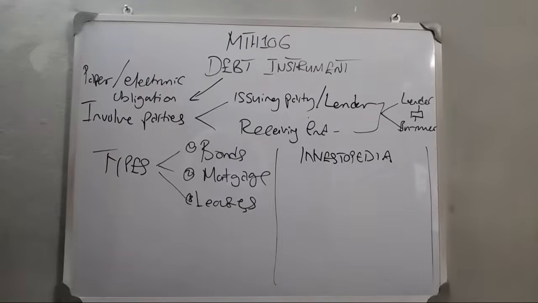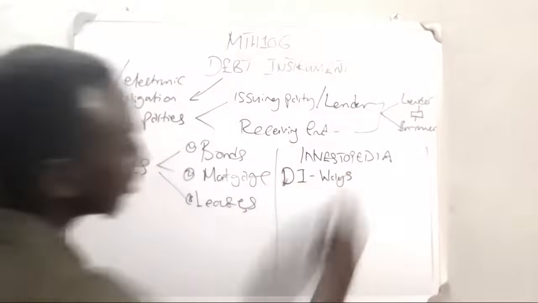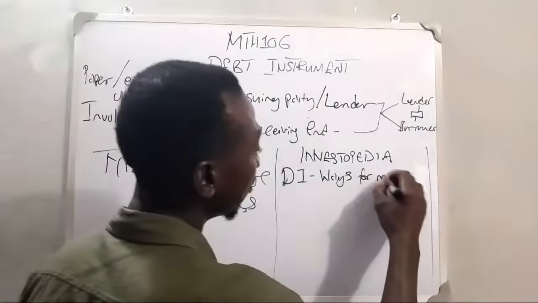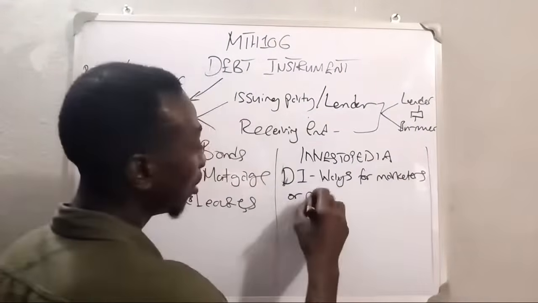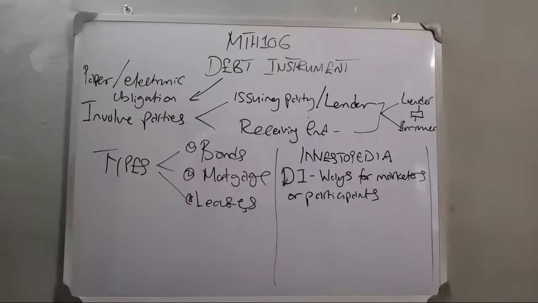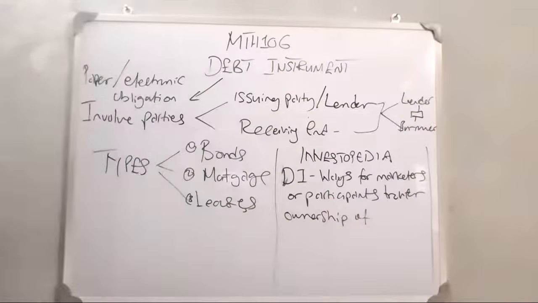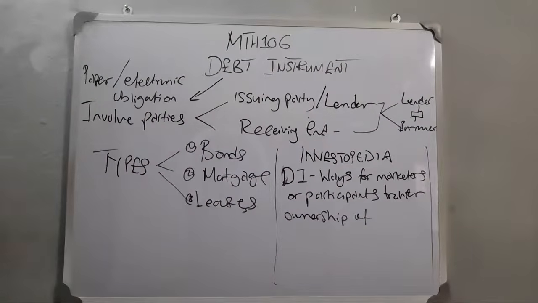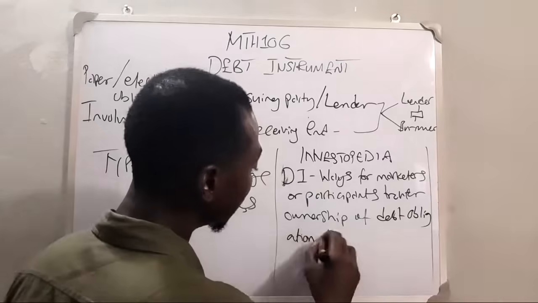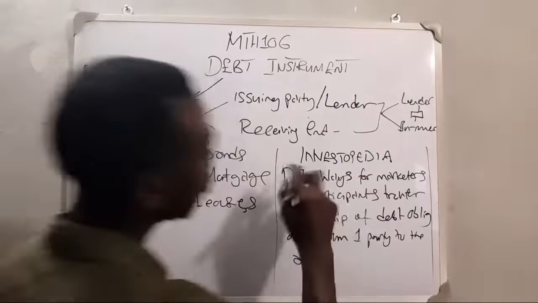Debt instruments are ways for marketers or participants to easily transfer ownership of debt obligation from one party to the other, according to Investopedia.